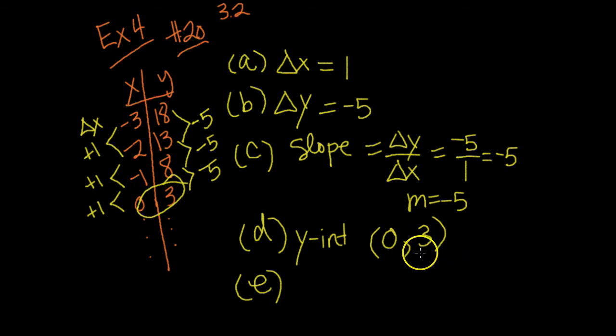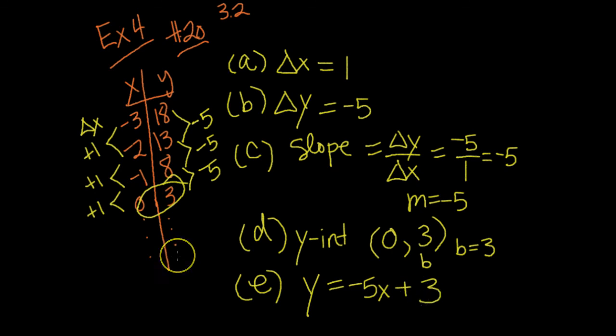So here we go. We've got our b, so b is equal to 3. We have our slope. It's helpful to just write out the equation, mx plus b. If you get confused, then you know that the m goes with the x term, the linear term, and the constant is 3. And that is the equation.